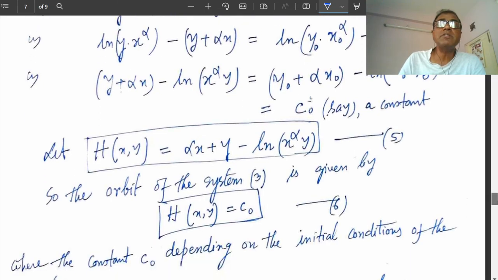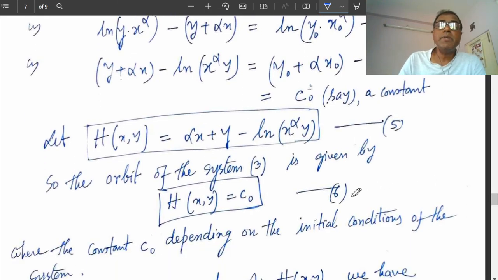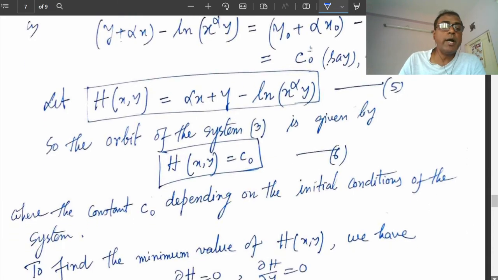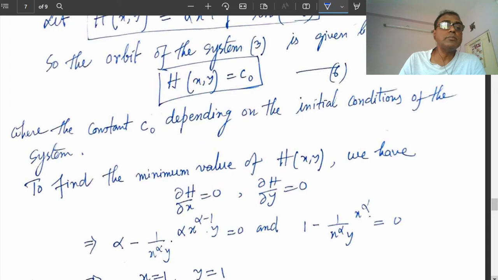So the orbit of system 3 is given by H(x, y) equals c0. We can draw the orbits of system 3. This orbit depends on c0, that is, on the initial conditions x0 and y0 at time τ equal to 0.